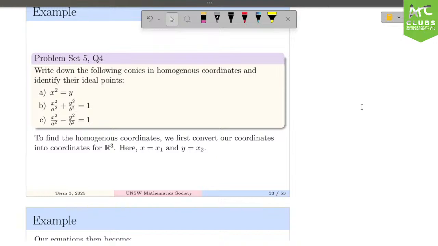And so now this is an equation for a parabola in the projective plane, and to find where it intersects with the ideal line, well, the ideal line is just the set of points where x0 is equal to 0. So we have x1 squared is equal to 0, and x2 can be any arbitrary value, but because we only care about points up to scaling, we have that the only solution is 0, 0, 1.